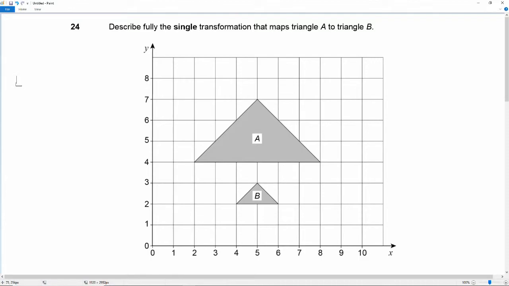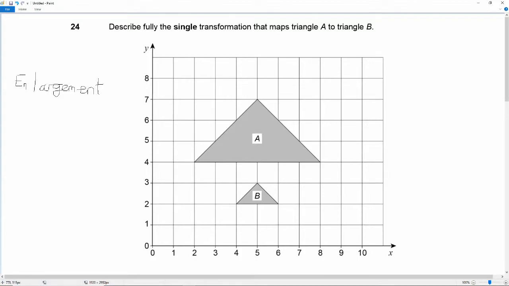So you can get a mark just for saying enlargement. Okay, so that's enlargement.